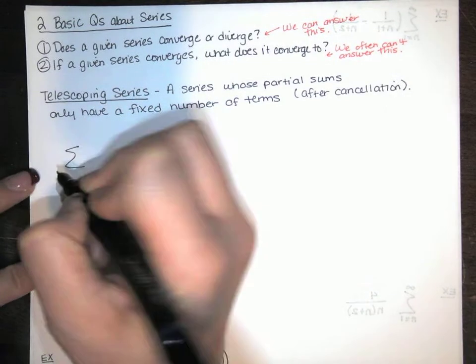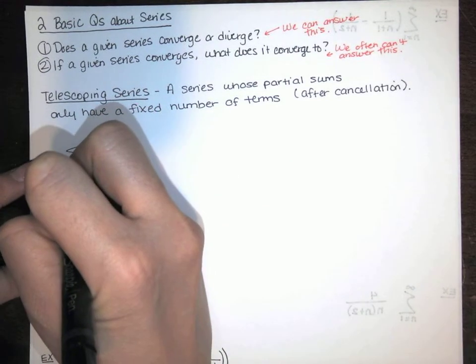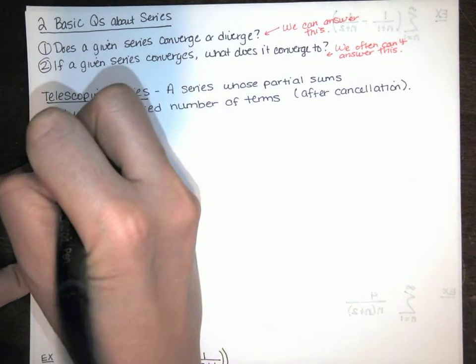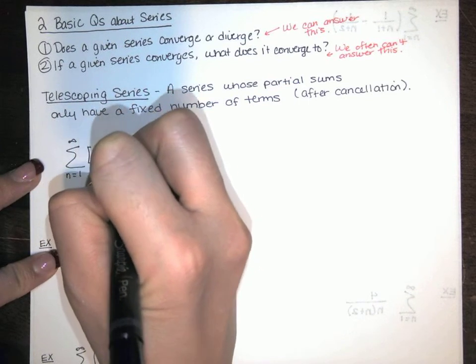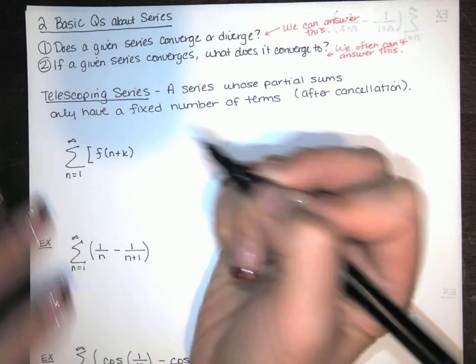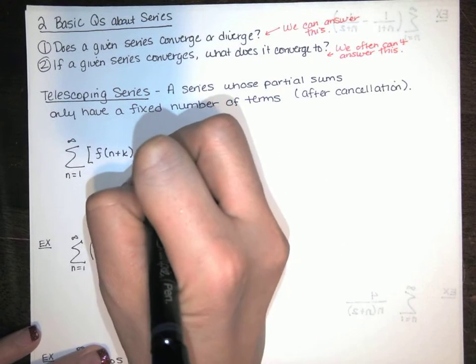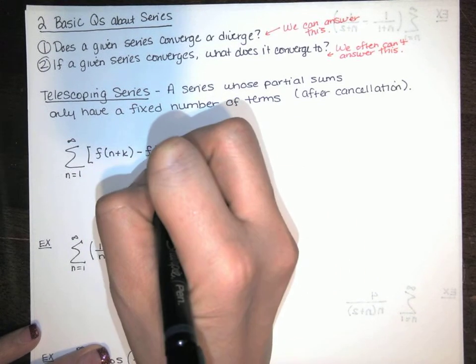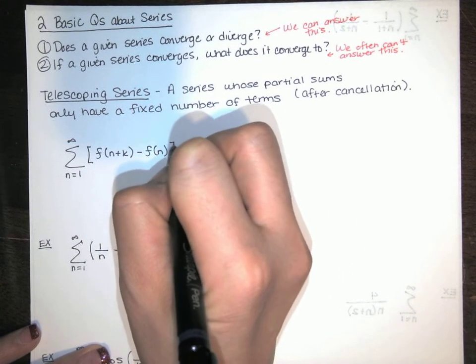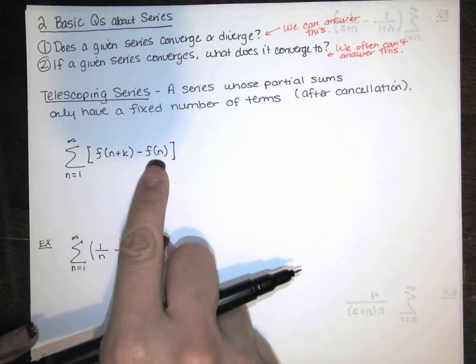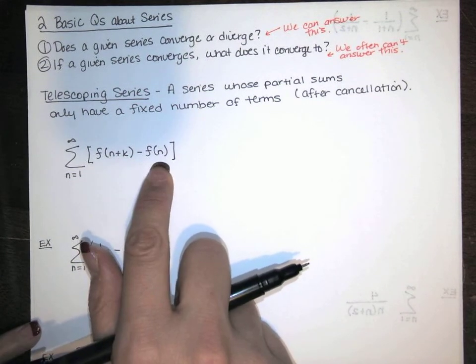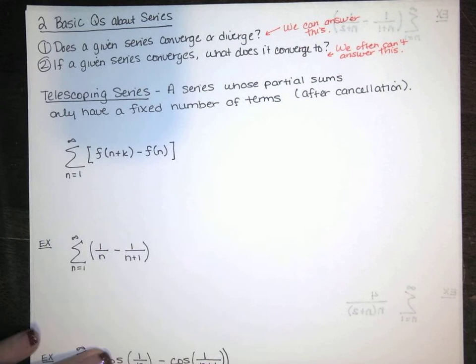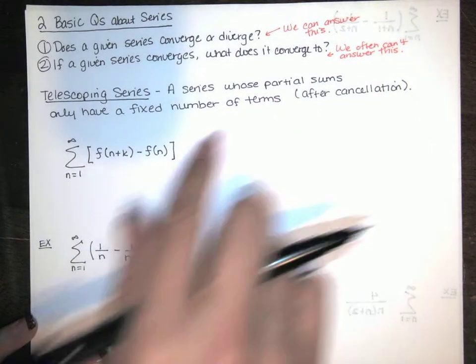If you can write a series in this way, so let's say n starts at 1 and goes to infinity, if you've got a function evaluated at n plus a constant minus the same function evaluated at n, so it's the same function, except this one is evaluated at n plus a constant, and this one's evaluated at n, and we're subtracting them. That's generally the form of a telescoping series, and you'll see why in a second.